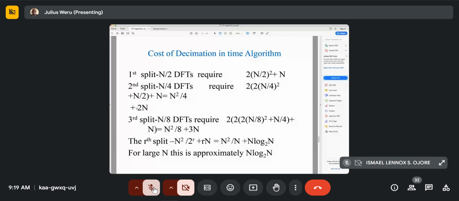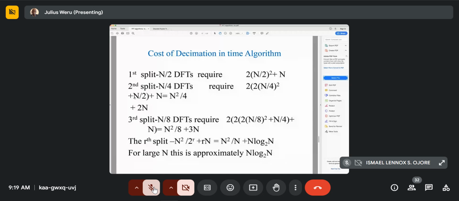Where the second n is coming from is because this 2 applies also to n over 2. That brings another n, because the 2 of those split again, so it becomes n over 2. So you get the 2n.